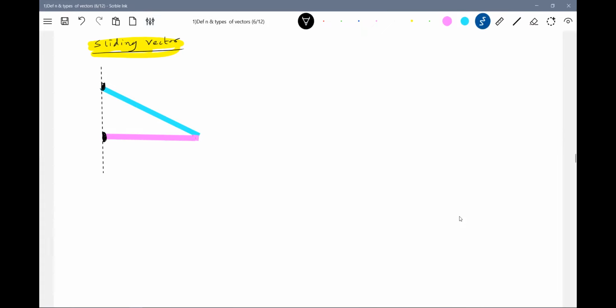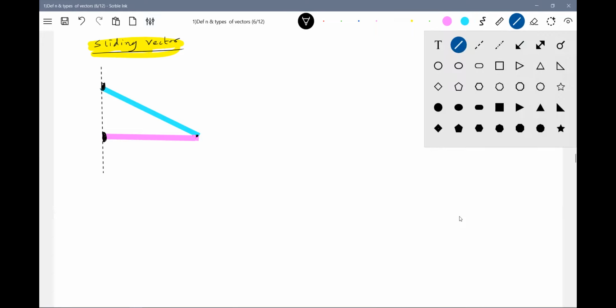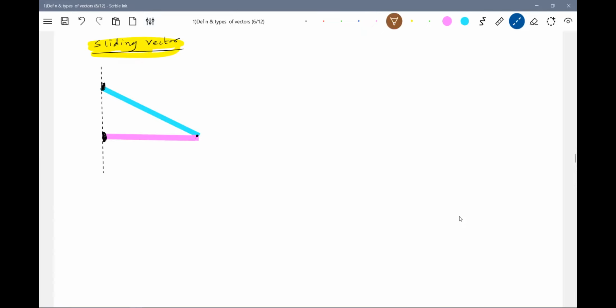They're connected here, so there's a common hinge point. Now I'll apply a force F at this particular point. This will become the line of action.